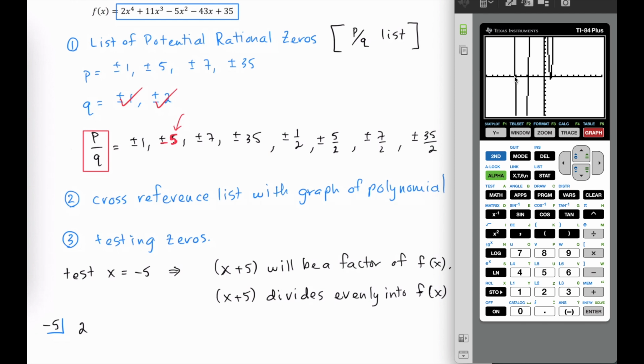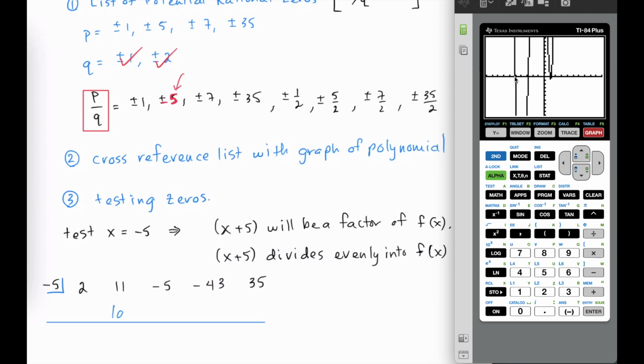So 2 is the coefficient on x to the 4th, 11 is the coefficient on x cubed, -5 is the coefficient on x squared, -43 is the coefficient on x, and 35 is the constant. So we draw a line here, leaving a lane of space for some work, and we begin our synthetic division.